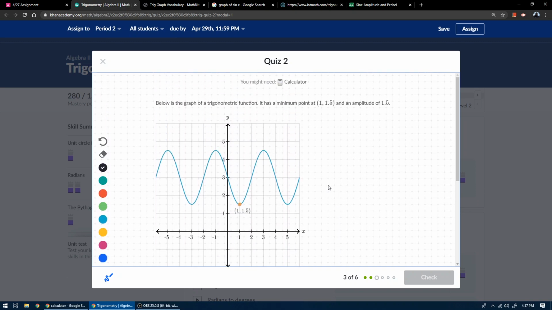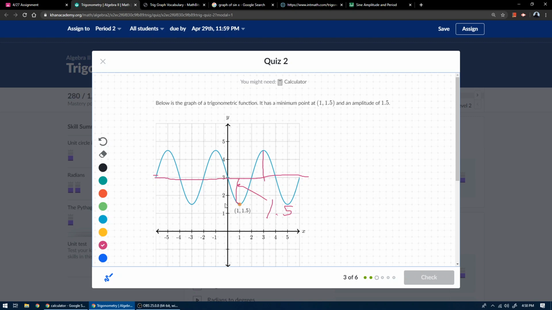So what's the midline equation? I think it's pretty obvious if you just look at this, right? It'll be about right here. Because this is about halfway between this and between that. Okay, but let's do the math way. The amplitude is 1.5. So this distance from here to here is 1.5.